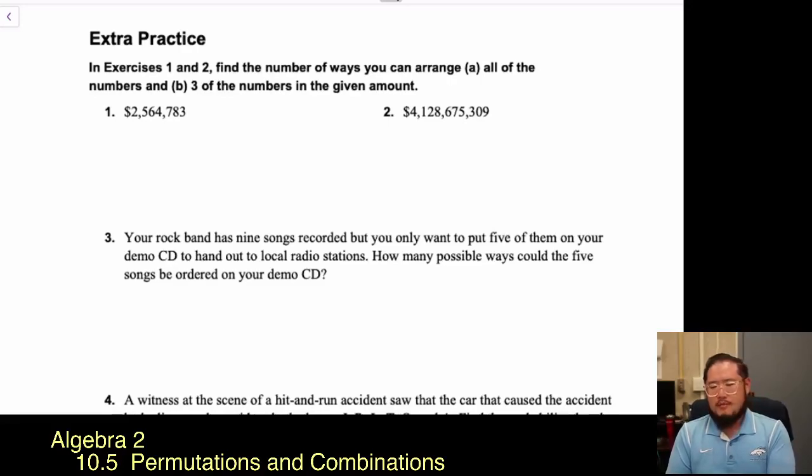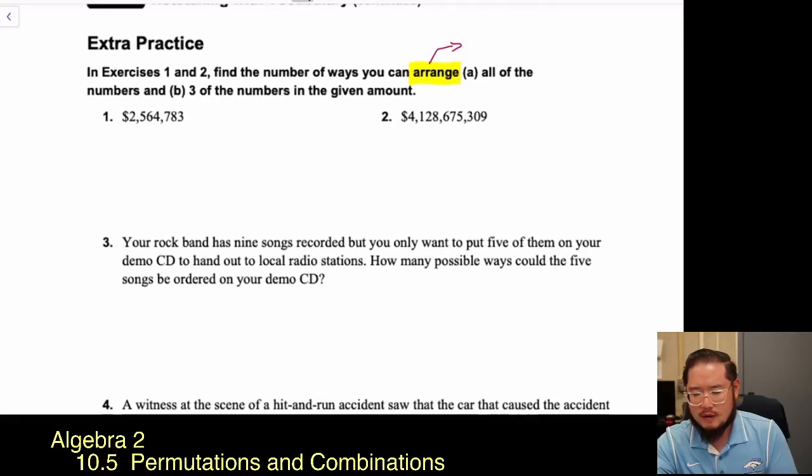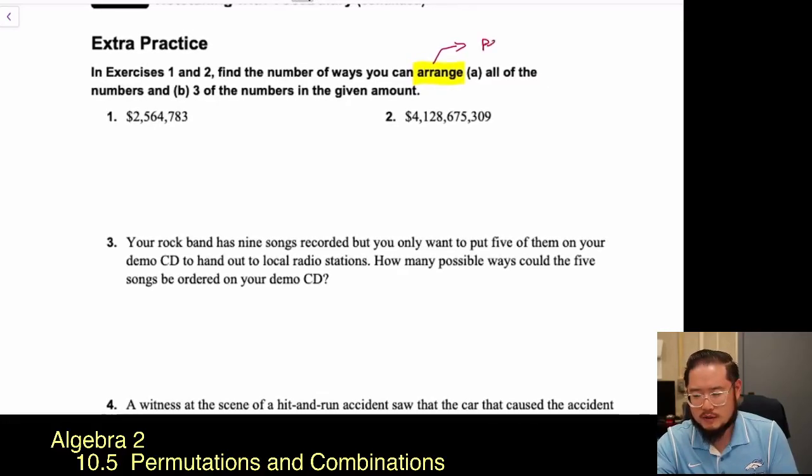Does the order matter? You have to sometimes read the question very carefully, maybe read it over. Are there any key words that come about? And I'll say right here, this word arrange will tell me that we are dealing with a permutation.